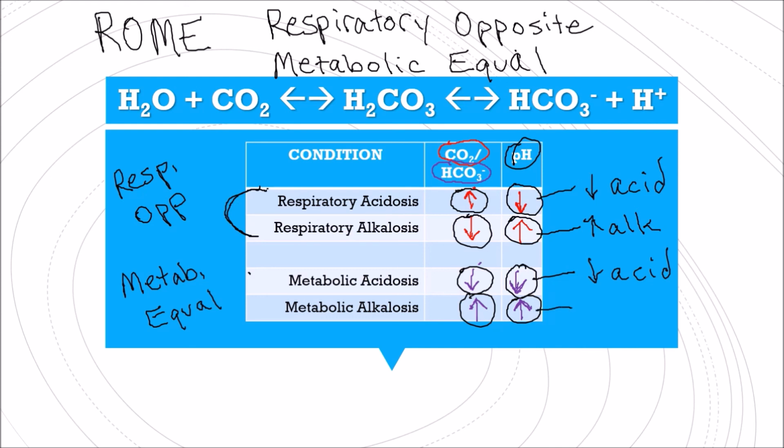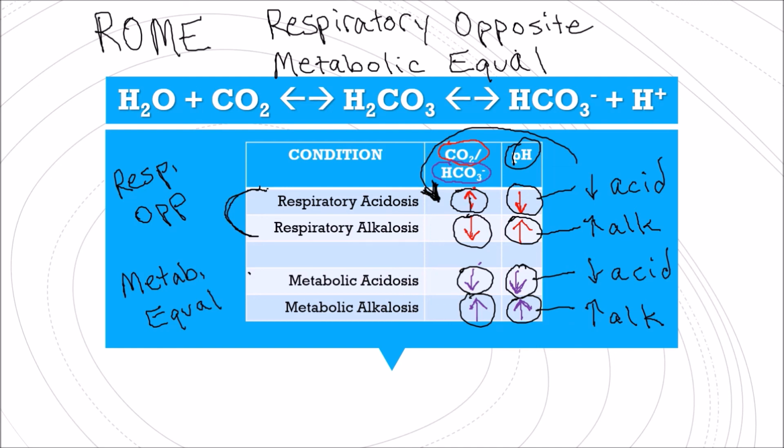And here is where the pH is up, that's alkaline. So all you need to do is determine, is the pH down or up, is it acid or alkaline, and then you look over to this column and see if these readings are the same or the opposite of your pH reading.